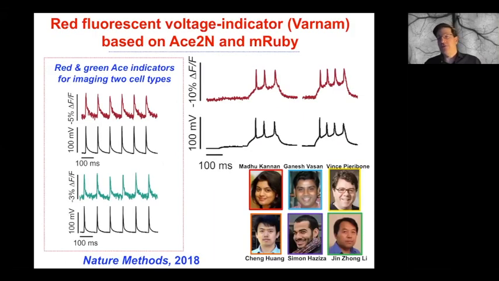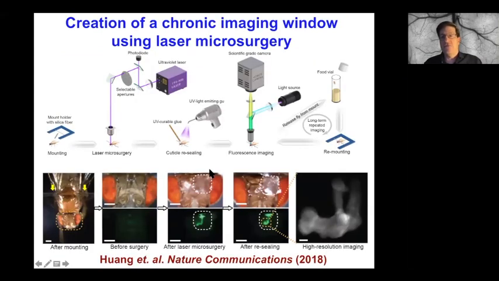Now we've been developing with colleagues, and in particular Vince Pieribone's group, Madhu Kannan and Ganesh Vasan at Yale, different colors of voltage indicators. These can be targeted to different neuron types. And in the fly, Chung has shown we can actually track these different neuron types over long periods of time in a way that's analogous to what I showed you with this clear glass cranial replacement in the mouse.